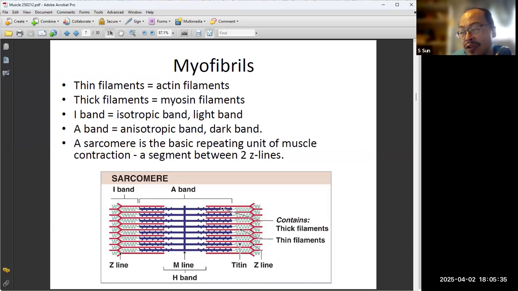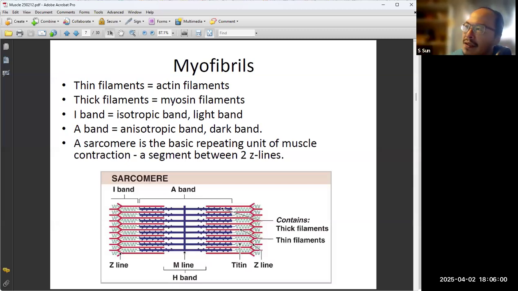Because of this repetition, the muscle has a striated appearance. This portion will be dark, this portion will be light, and then repeated: dark band, light band, dark band, light band over and over again.